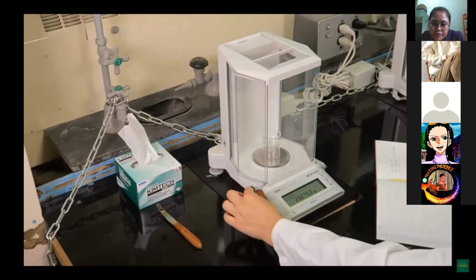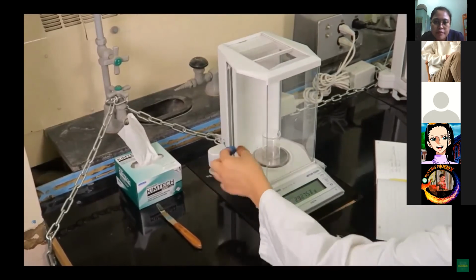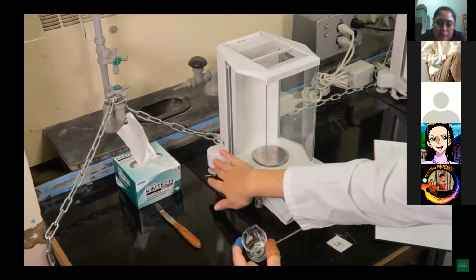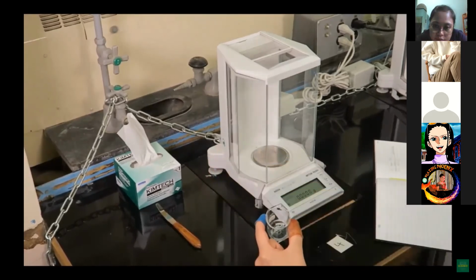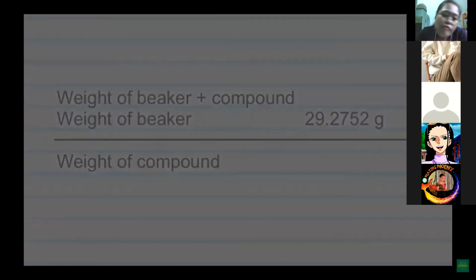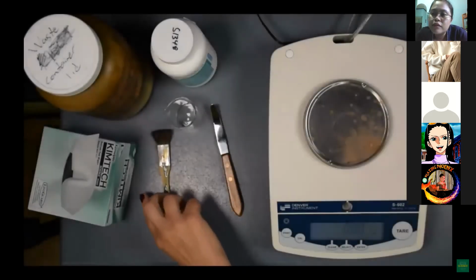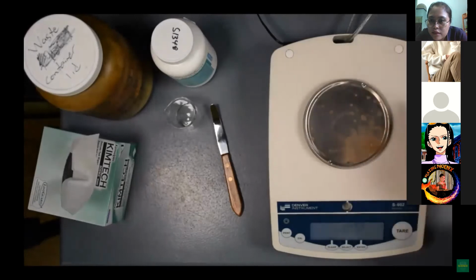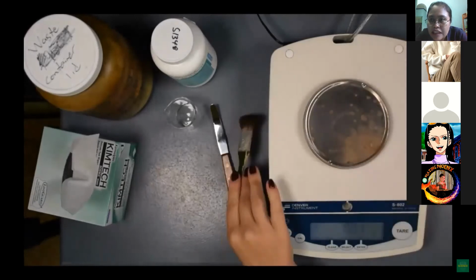Remove the beaker from the analytical balance and take it to the top loading balance. Don't forget to close the balance doors when not in use. Your laboratory notebook should be set up like this. Use a brush to clean the top loading balance of any dust or solids. This is top load balance, not analytical balance.